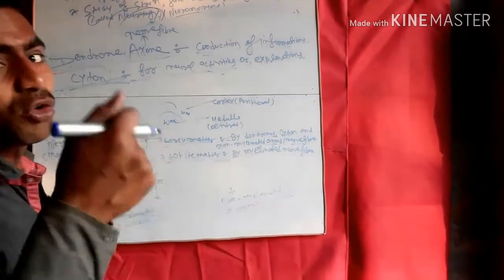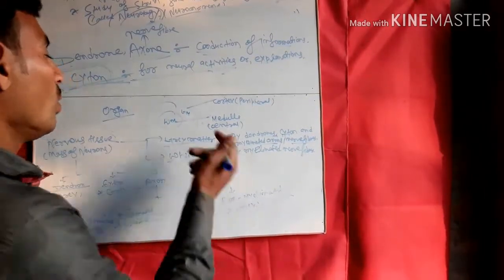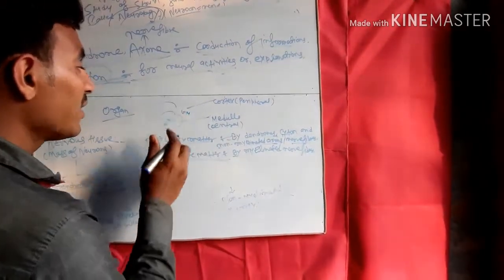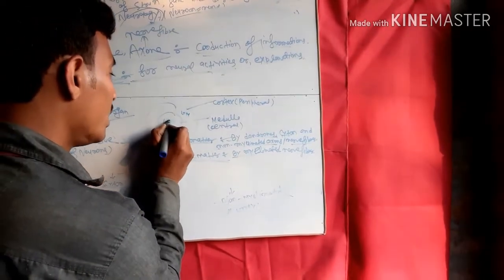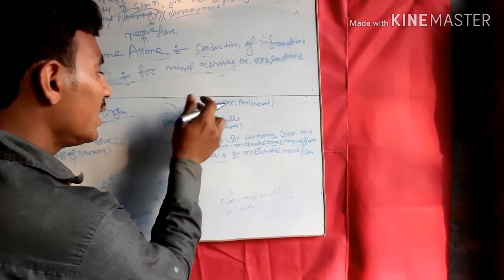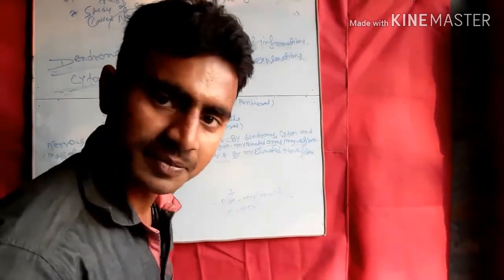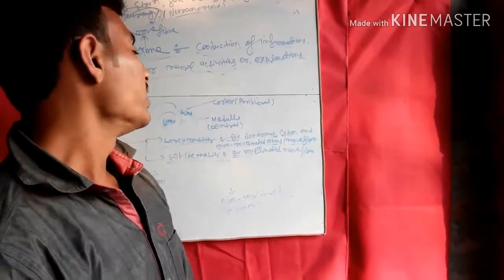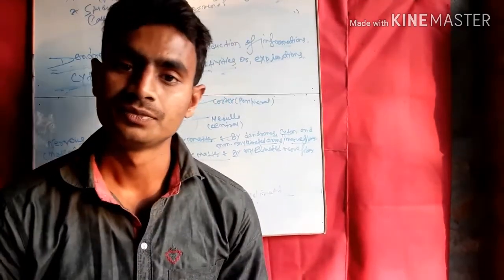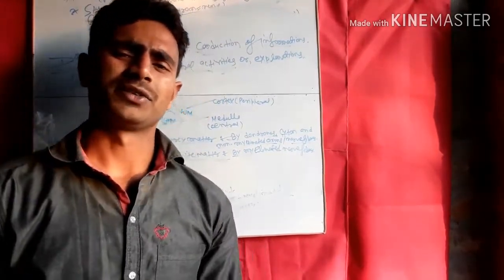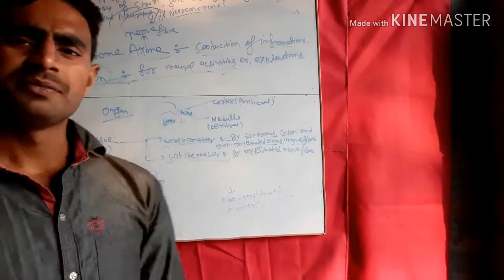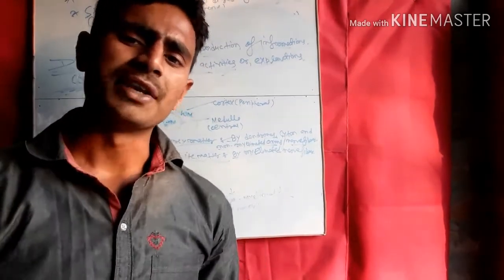But in the spinal cord, in the central part, the medulla, gray matter is present, and in the cortex part, white matter is present. This is a small difference between the brain and spinal cord.